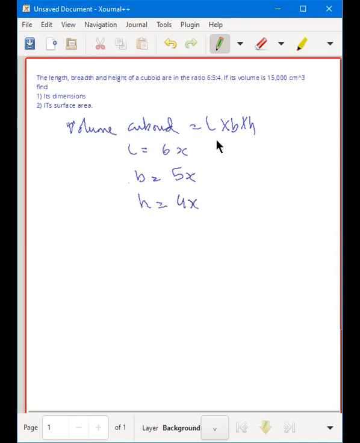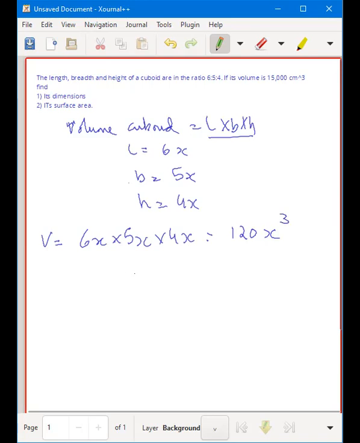So now volume given is LBH. So what will it become? 6x into 5x into 4x works out to be 120x. Very good. x into x into x is x cube. Okay, you found out your mistake.